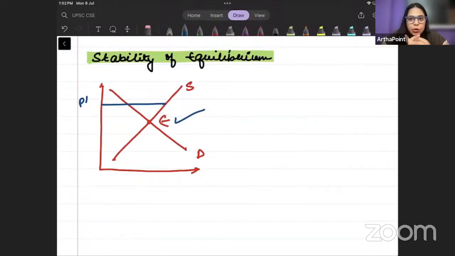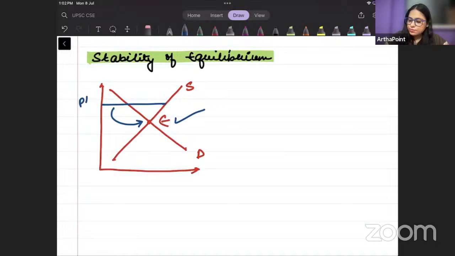When will we call it stable? If following this disturbance, I am able to reach back point E. If I reach back point E where I started from, then it will be called stable equilibrium. I hope this is making sense to you, right?